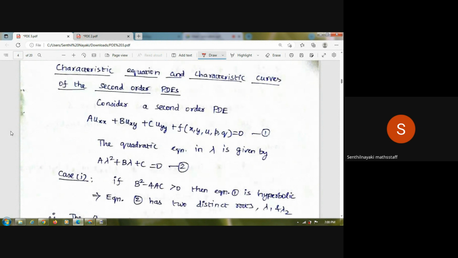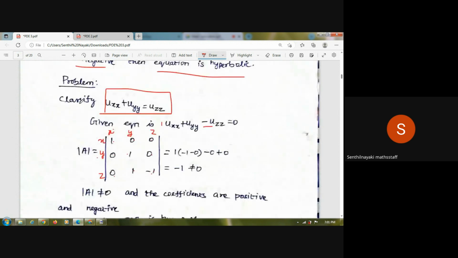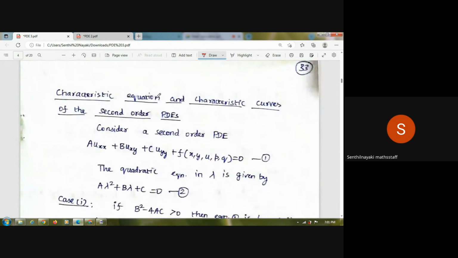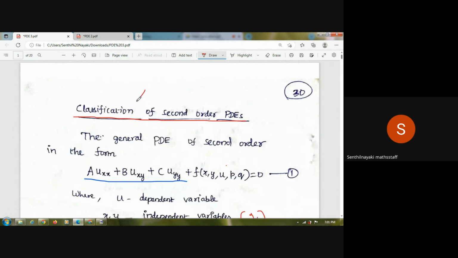Okay. Next, an important one is the characteristic equation. Characteristic equation and characteristic curves. With the continuation of this classification, we are going to discuss the characteristic equation. This is also a very important topic.